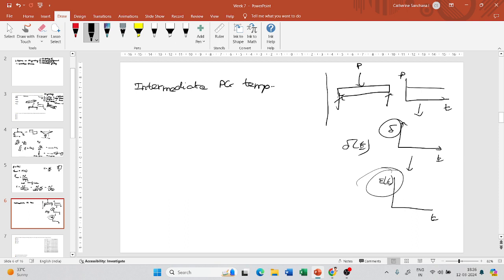So first let us understand which distress this corresponds to. This corresponds to fatigue cracking. So you know that fatigue cracking occurs at intermediate temperatures, rutting occurs at high temperatures, and low temperature cracking occurs at very low temperatures, right? So now what is the criteria for this fatigue cracking?